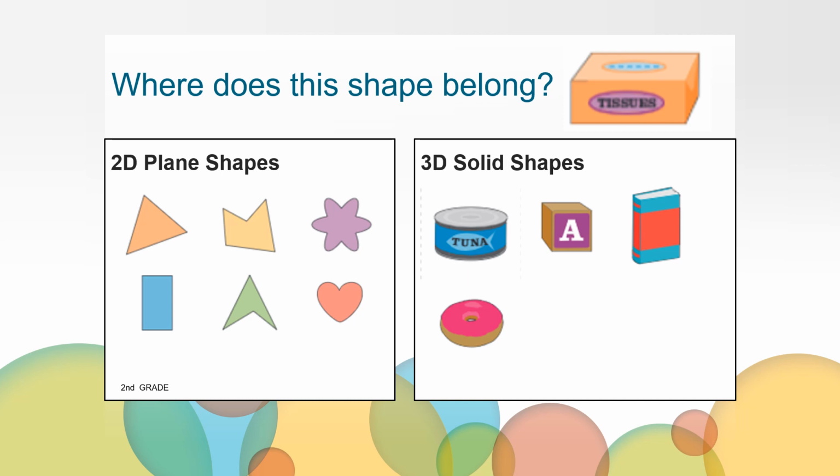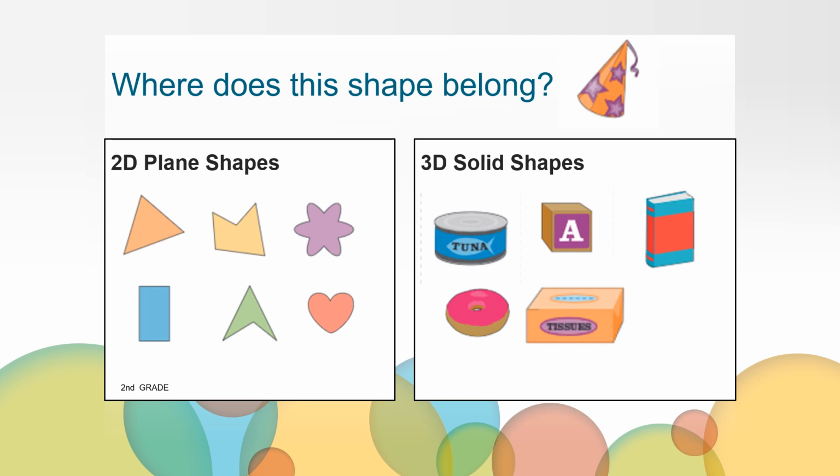Where does this shape belong? Is the tissue box a plane shape or a solid shape? How do you know? The tissue box is a solid shape.